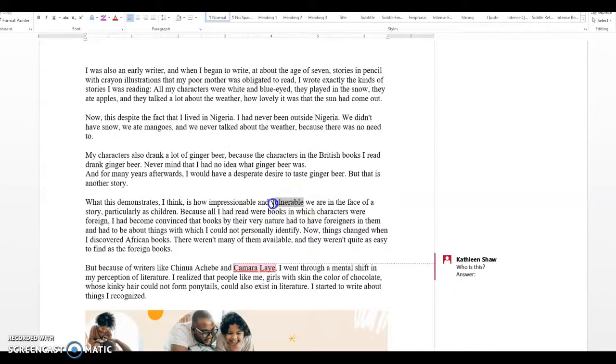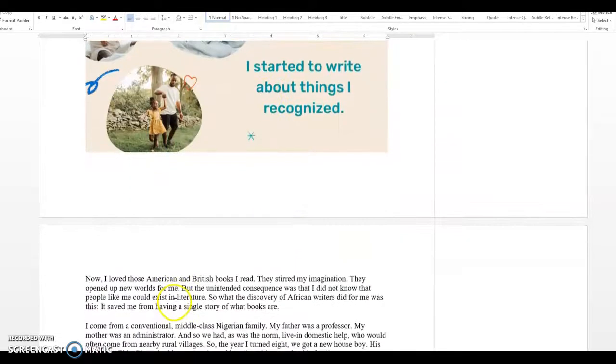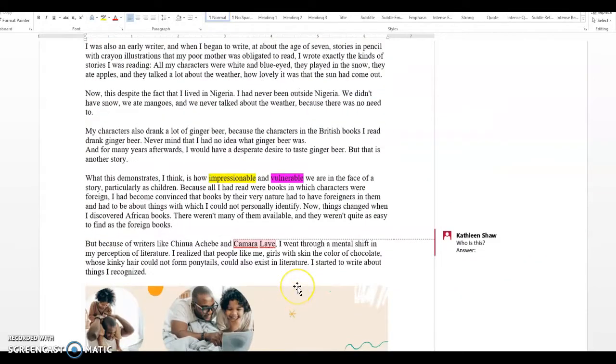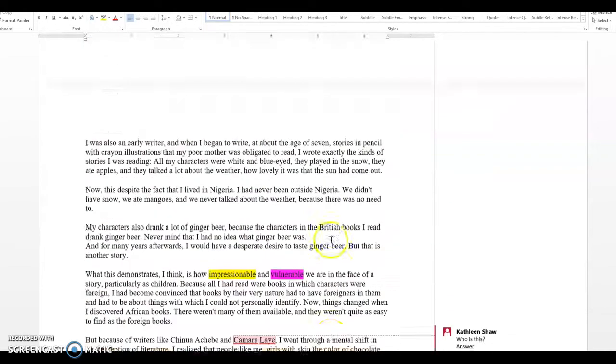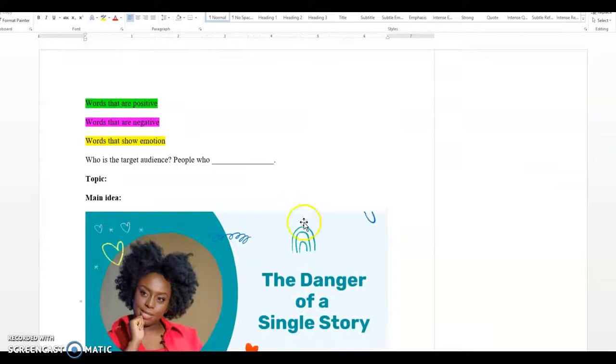Maybe I want to say, that one strikes me as negative. This one just kind of shows maybe some emotion, again, this is kind of subjective. So I'm going through and I am highlighting these words to get an idea. One of the reasons that I'm doing that is because when we look back and try to think of what the main idea is, some of these words can help us.